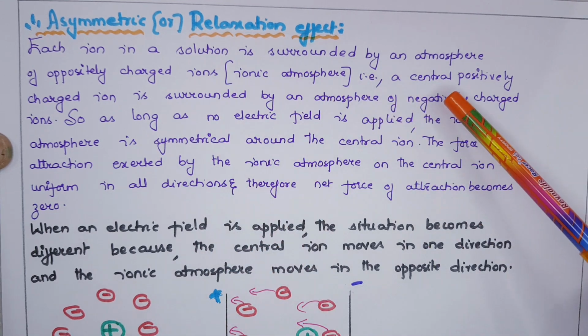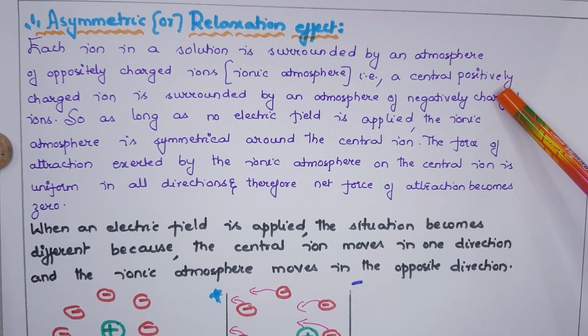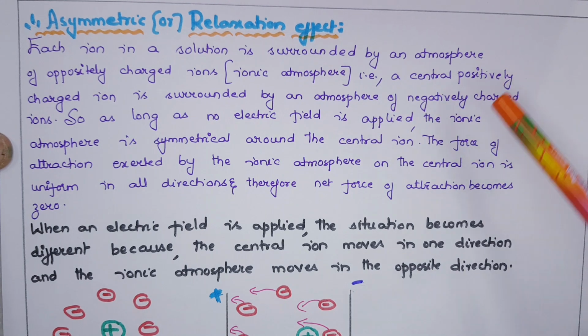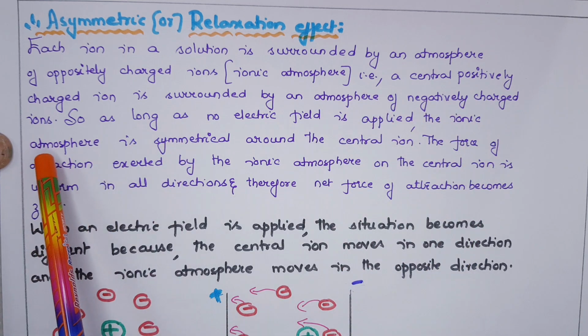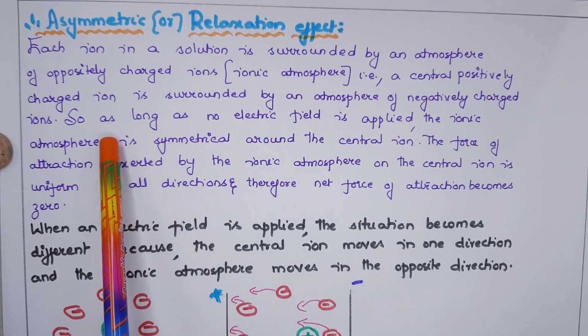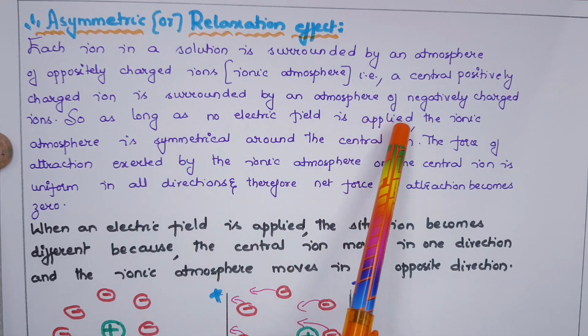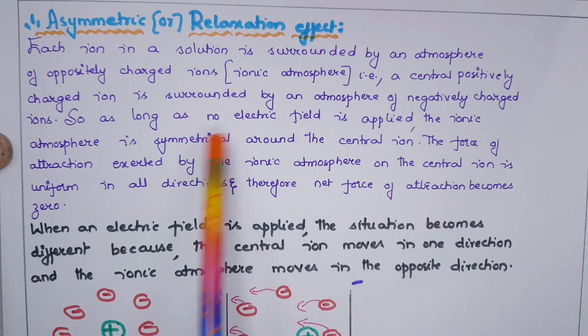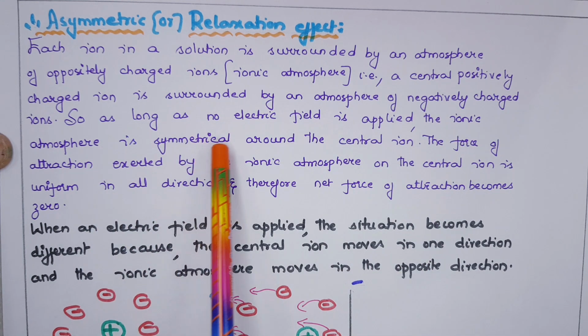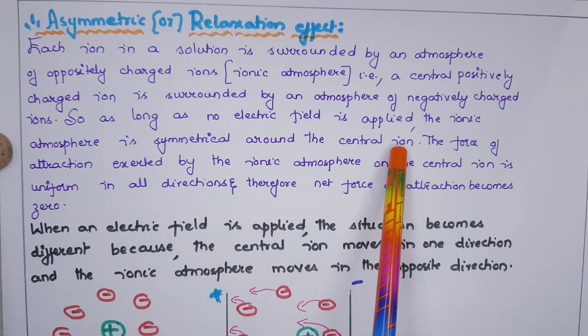For example, a central positively charged ion, okay, it will be surrounded by an atmosphere of negatively charged ions.